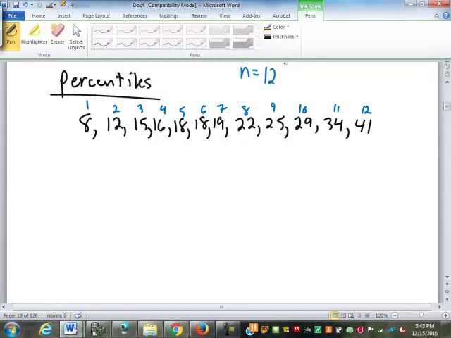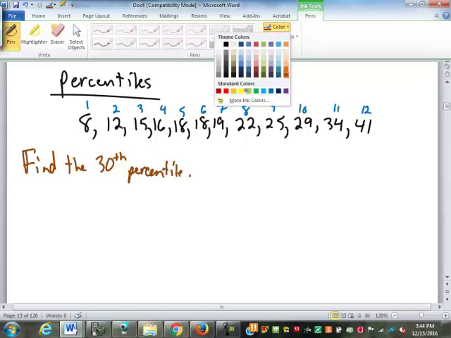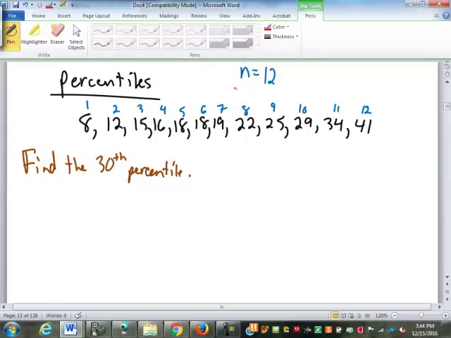To find a certain percentile, or what number is in a certain percentile, if I'm asked to find the 30th percentile, just like we did with the median, we have to find the position.